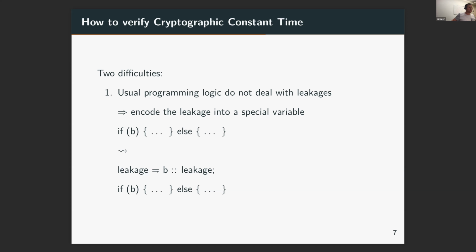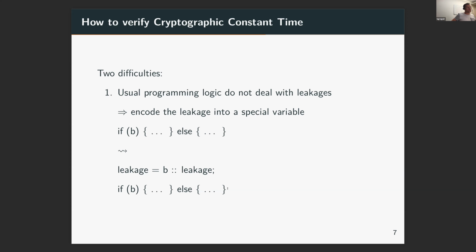You generate a model for this program where each time you do a conditional, you first store the value of the test, accumulating it into a variable leakage, and then you perform your if and continue the execution. Inside the two branches, you also add this kind of instrumentation.